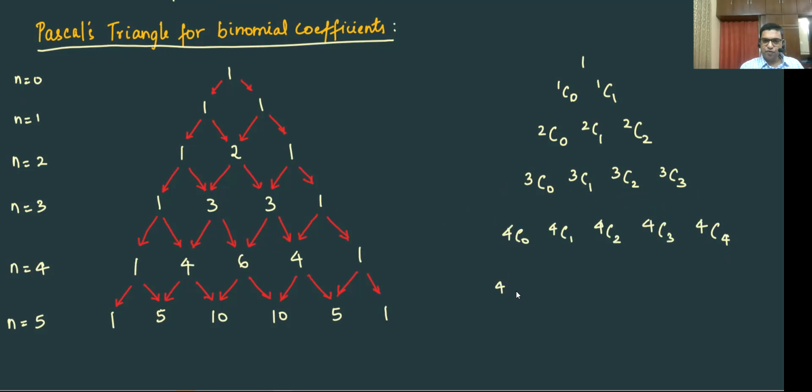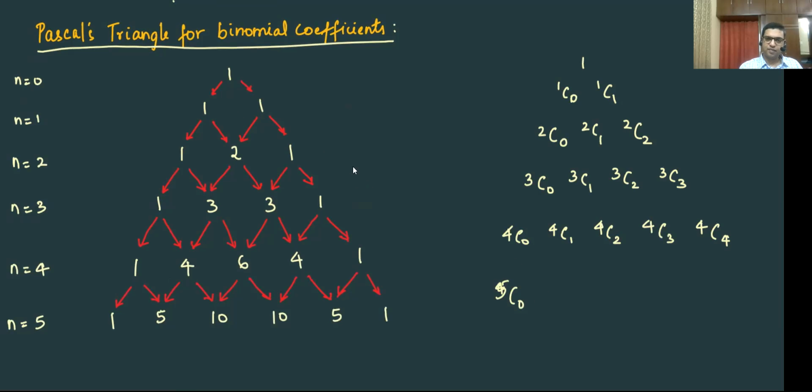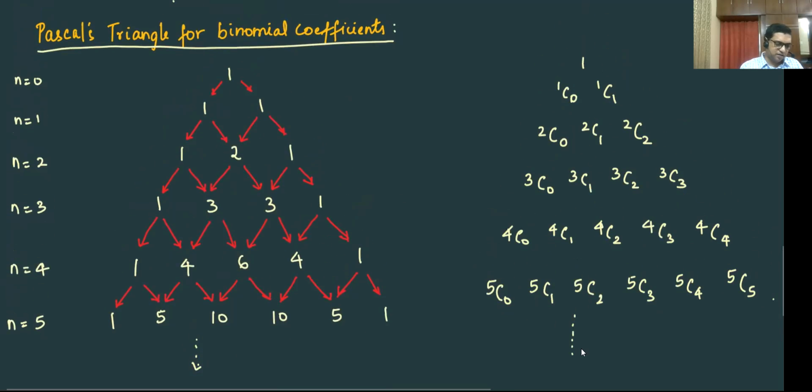And similarly, you have 5C0, 5C1, 5C2, 5C3, 5C4, 5C5, and so on. Understood? So these are Pascal triangle coefficients.